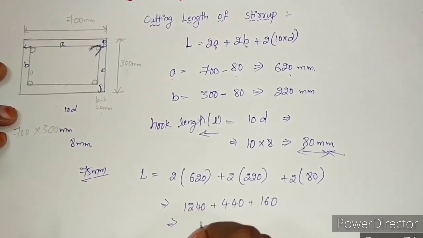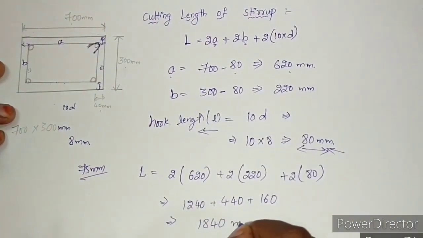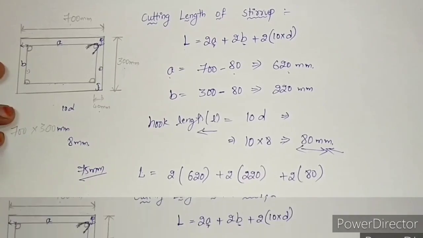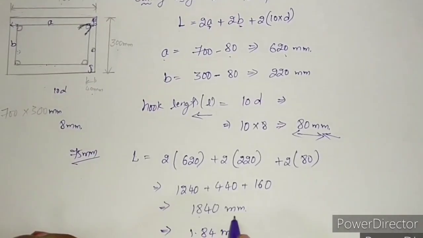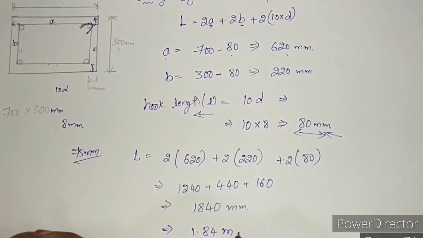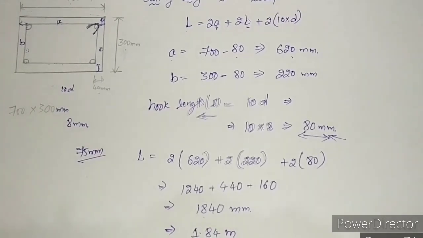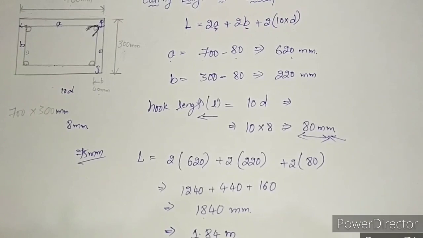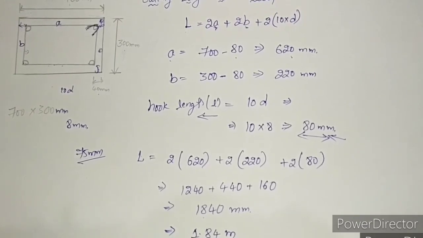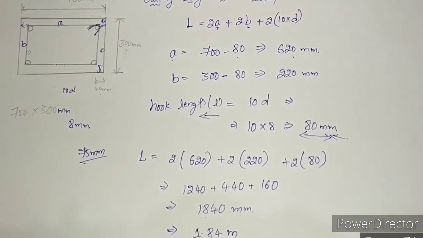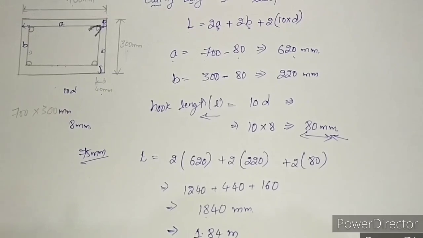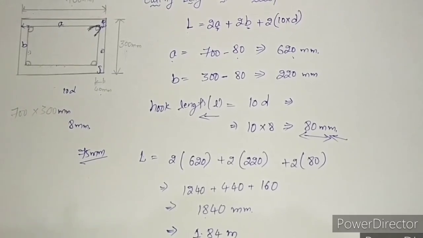We got 1840 mm. Converting into meters, we get 1.84 meters. Now by using the cutting machine we cut the steel bar to 1.84 meters length. From that cut steel bar we make the stirrup.